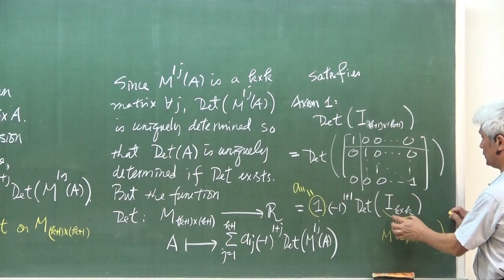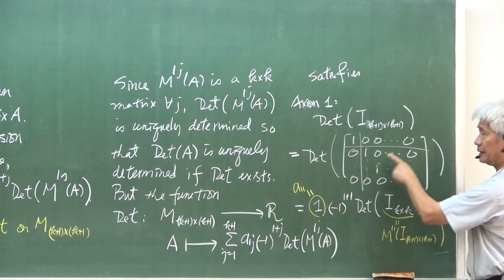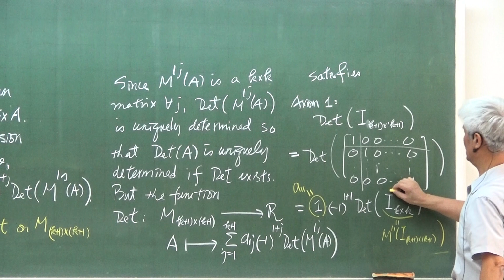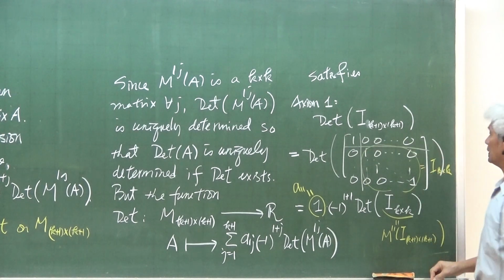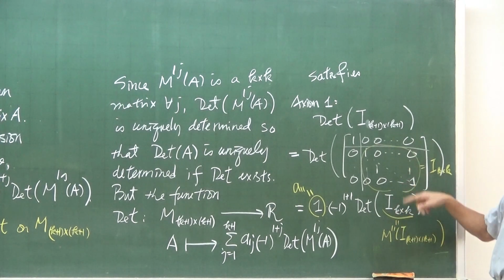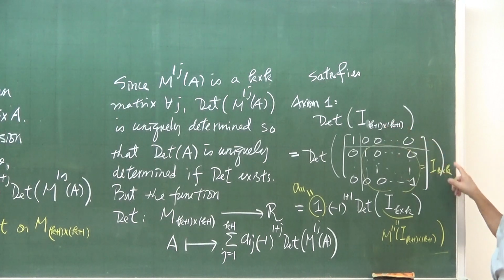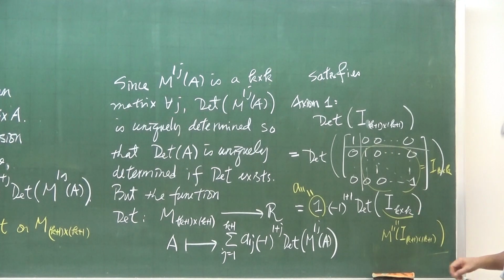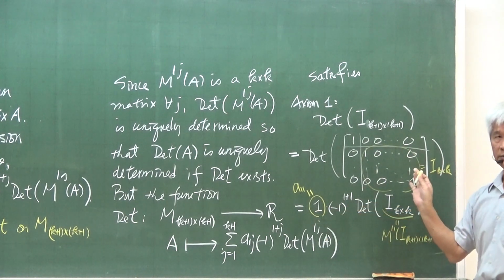Because when you remove the first row and the first column, you get an identity matrix. So the minor of this k plus 1 by k plus 1 identity matrix is equal to the k by k identity matrix. The other entries are all zeros, so multiplying by zeros gives just 0.